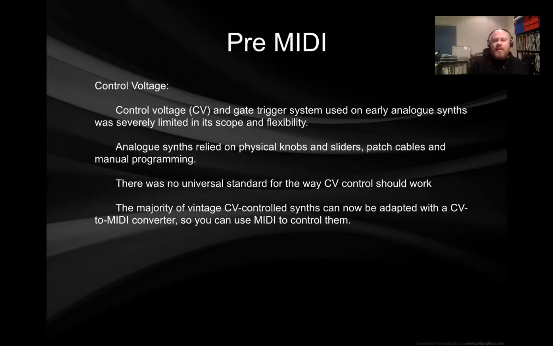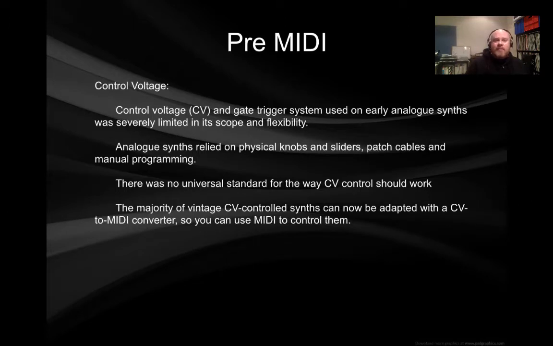So lots of analog synths rely on physical knobs and sliders, patch cables, manual programming. So a lot of reaching around to automate sections, or rather sections that would have been automated, that you're actually reaching over and manually controlling. There was also no universal standard for the way CV control should work.